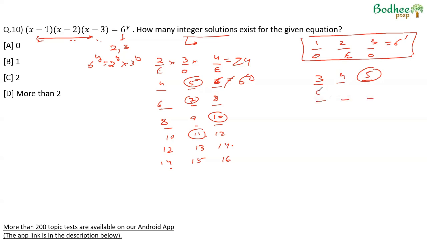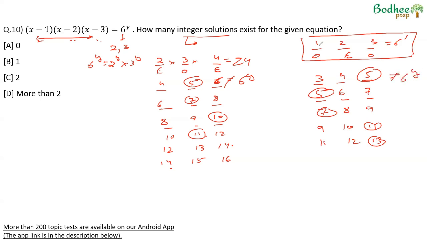When we say 5, 6, 7, again, in 3 consecutive numbers, we will have one odd number which will be a multiple of 3, and another odd number which will be a multiple of some other odd number. For example, could be 7, could be 11, could be 13, and so on. Whatever odd number that we have, which is not a multiple of 2 or 3, will ensure that the product is not a power of 6.